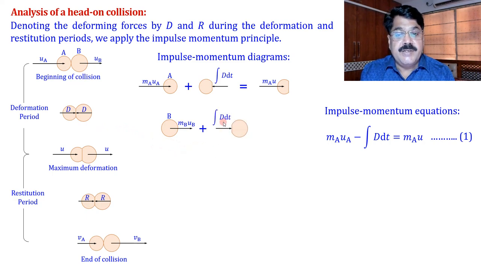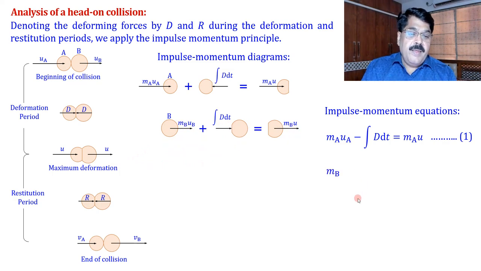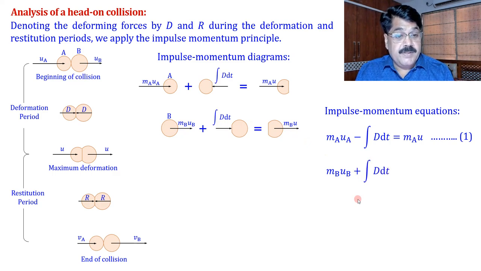So this integral of D dt is equal to the final momentum MBU. Again I will mention that this integral extends from the instant of beginning of collision to the maximum deformation. So the relevant equation will be: MBUB plus integral of D dt is equal to MBU. Let us call it equation number 2.